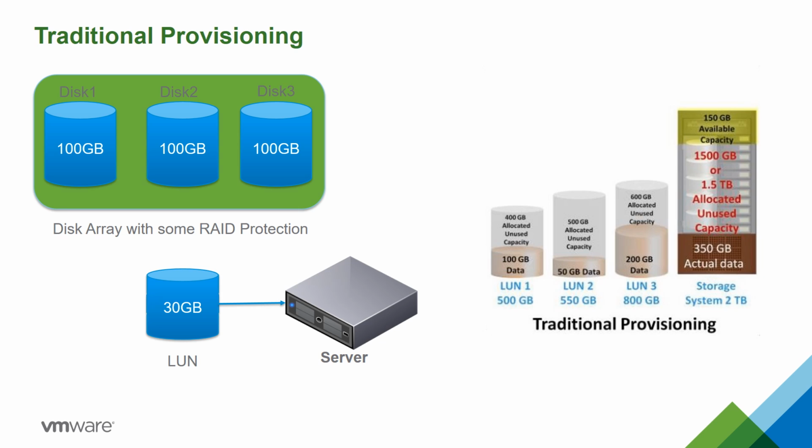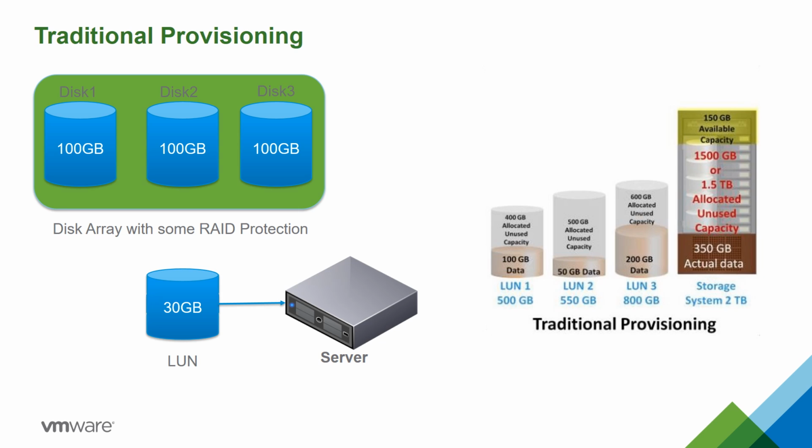So out of 1.8 terabytes of storage that is provisioned, hardly 350 GB is being written. Actual data is being written. The rest 1.5 terabytes of space is allocated but not being used.